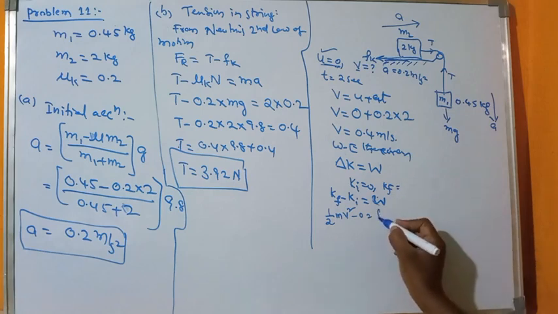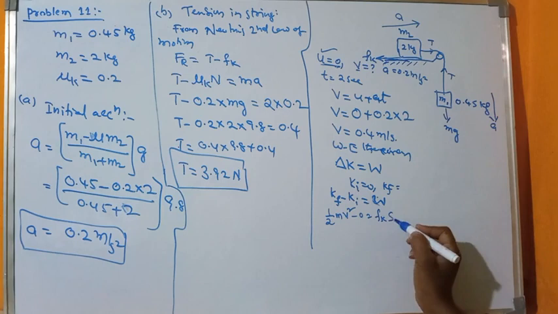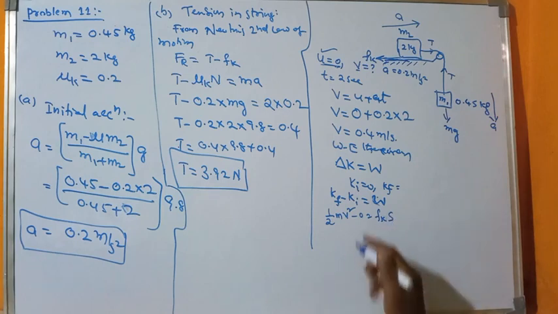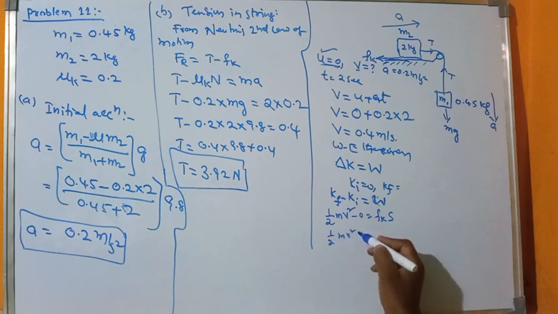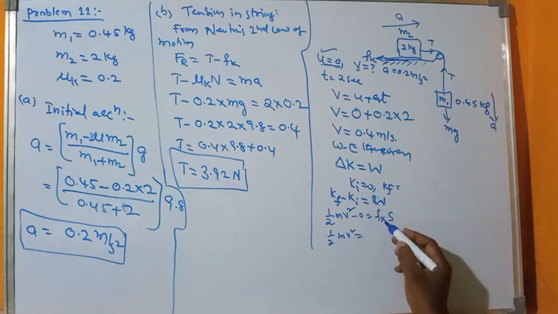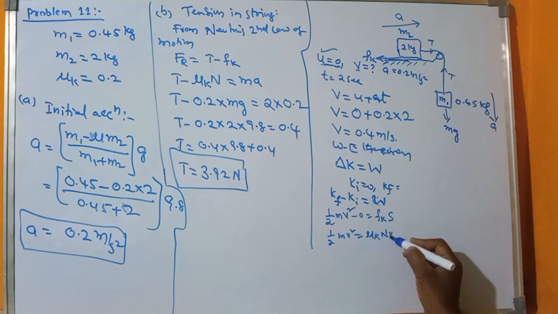So I'm writing here Fk force and displacement is S. So half m v square is equal to, sorry, Fk, which is mu k into N into S.